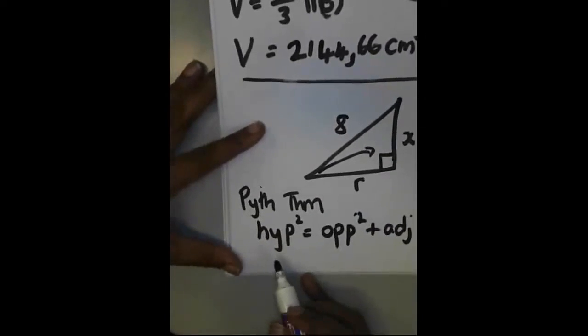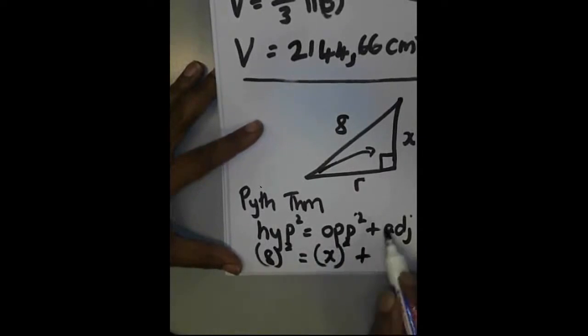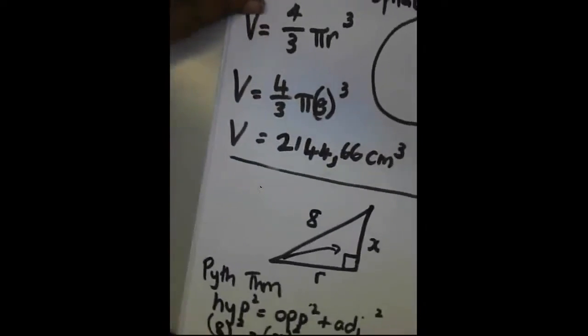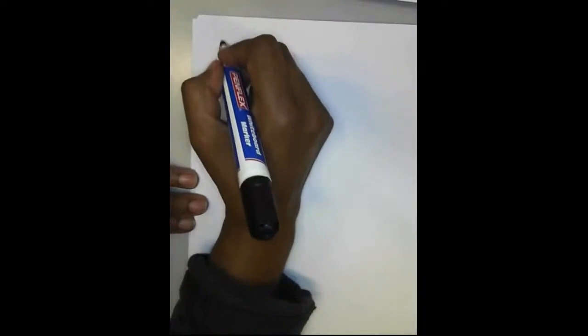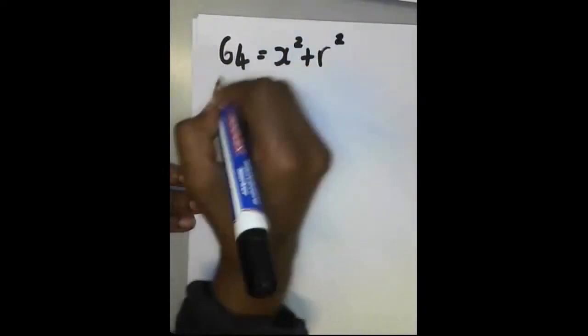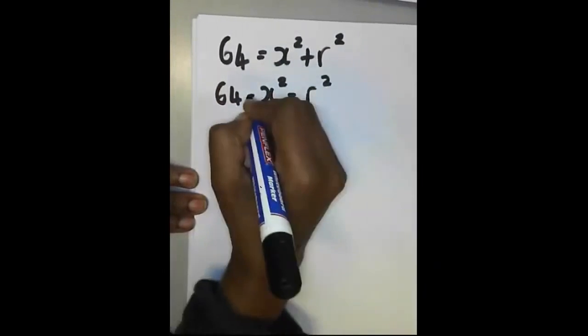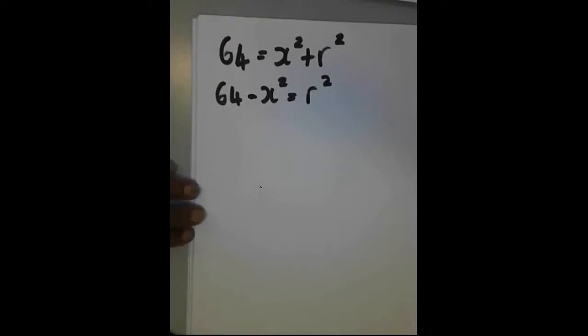My hypotenuse happens to be 8, squared. My opposite side is x, squared. And my adjacent side is r, squared. So therefore 64 will be equal to x squared plus r squared, and 64 minus x squared will be equal to r squared. That's where I get it.